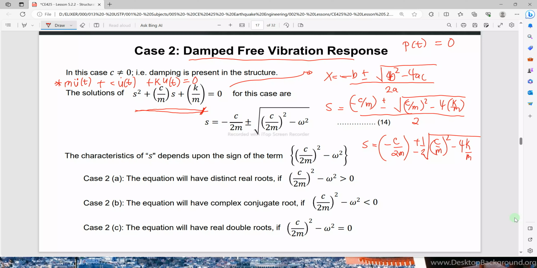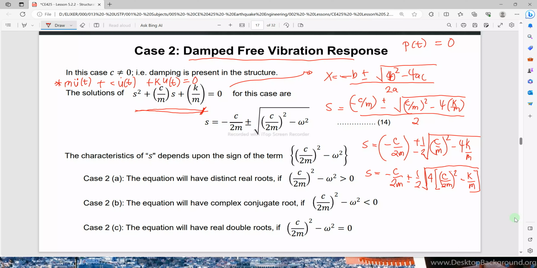Now this 4, we can factor that out. We will have negative c over 2m plus or minus 1 half times, factoring out 4, c over 2m squared minus k over m.